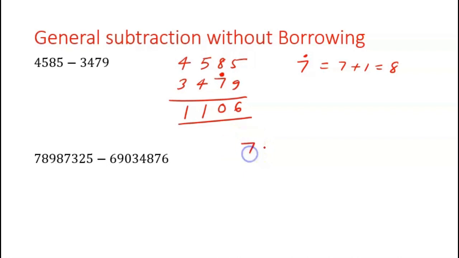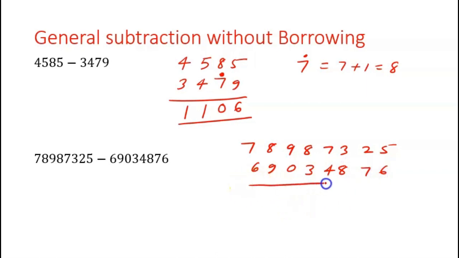So here we have 78987325, and we have 69034876, and I have to subtract it.